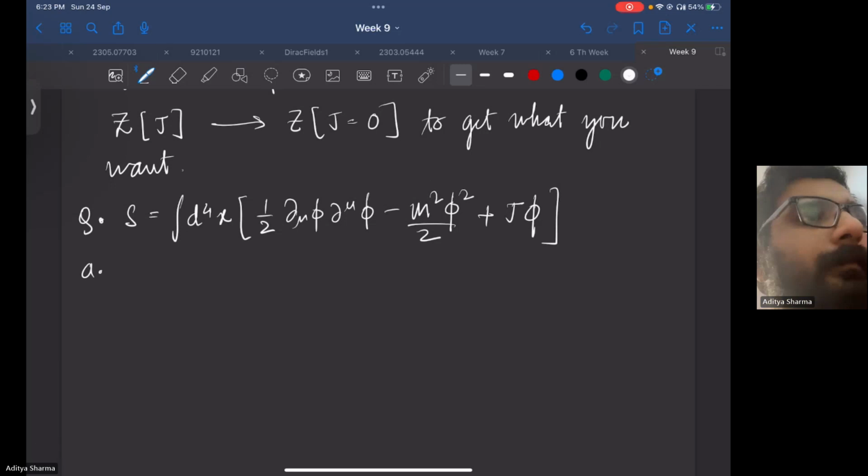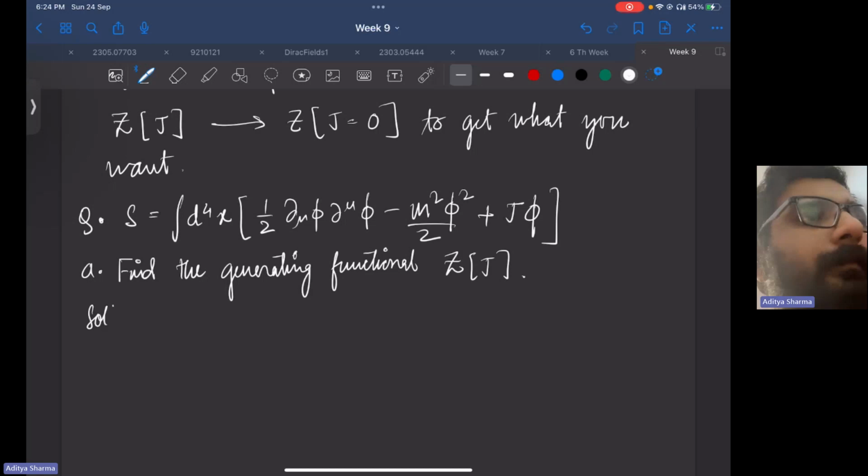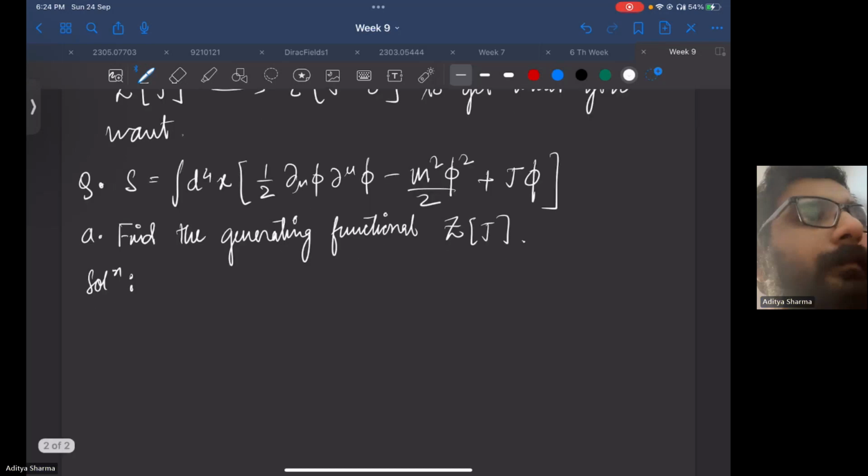Find the generating function, and then the solution. Z of j is nothing but the integral d phi, exponential of i by h-bar integral of the action.